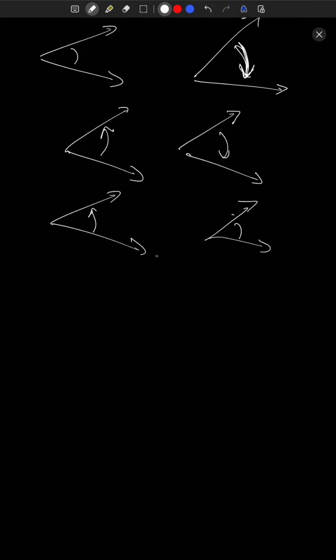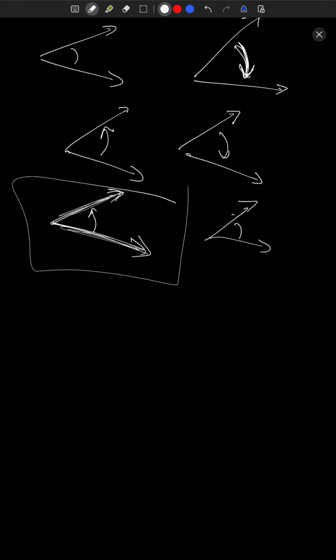In this situation, there's also the concept of the start and the end. So in this picture over here, the start would be here and the end would be there. A more technical phrase would be initial side here, and then here would be what's called the terminal side, or at least that's what our book calls it. So the start and the end.